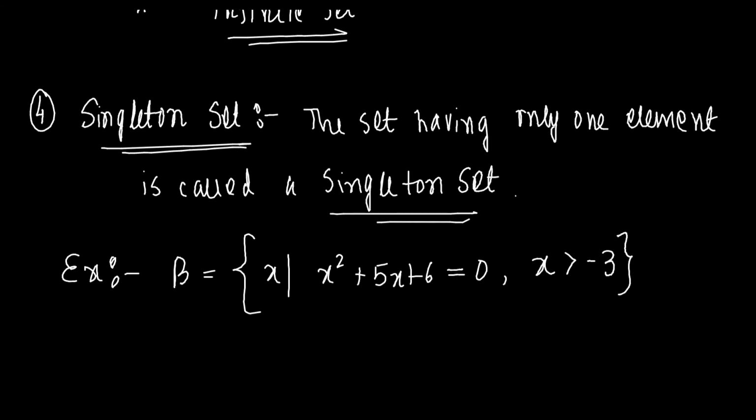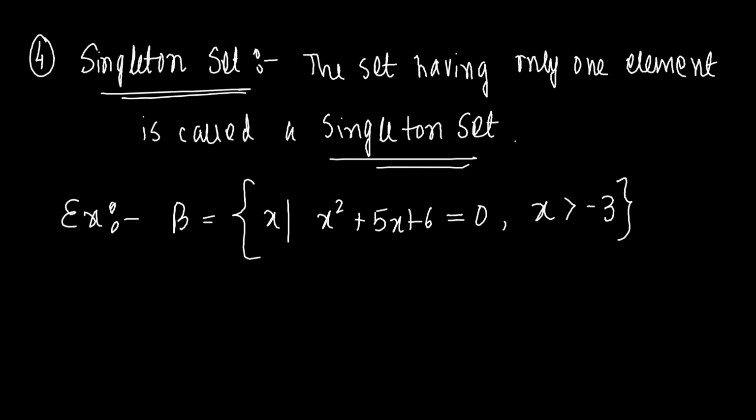Okay. So we have to find the values of x which satisfy the equation x square plus 5x plus 6, and also the condition is given that x should be greater than -3.